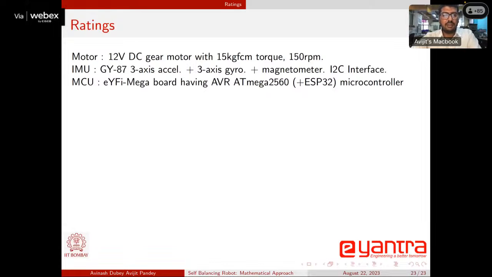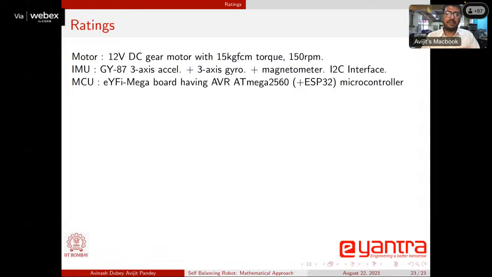These are some of the parameters of the tools that we are using. Let me tell you something about eYRC Mega also. It's an e-Yantra built microcontroller board where we have combined the Arduino Mega board, which hosts the Atmega 2560, with ESP32 into one single chipset.